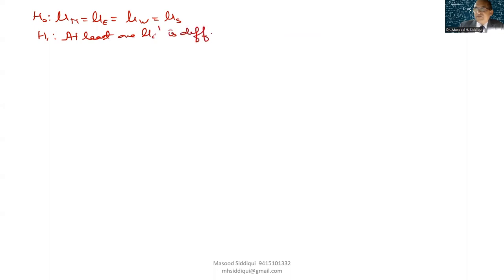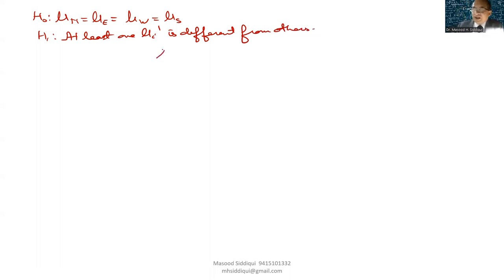Now we will examine this with the hypothesis H0: mu N equals mu E (E is Eastern) equals mu W equals mu S, and H1: at least one mu i is different from the others.